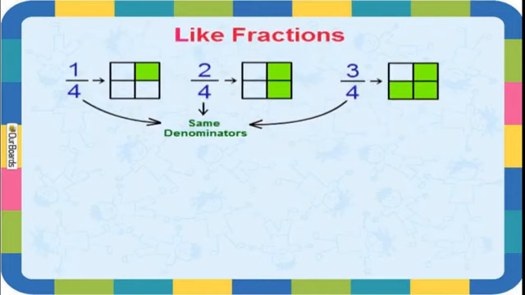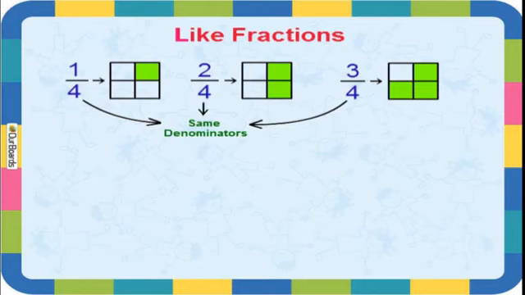Now, we will take a quick recap of the last lecture. Yes, dear students, you can see here the like fractions: 1 upon 4, 2 upon 4 and 3 upon 4. Here, one rectangle is divided into 4 equal parts. In the first, one part is colored.